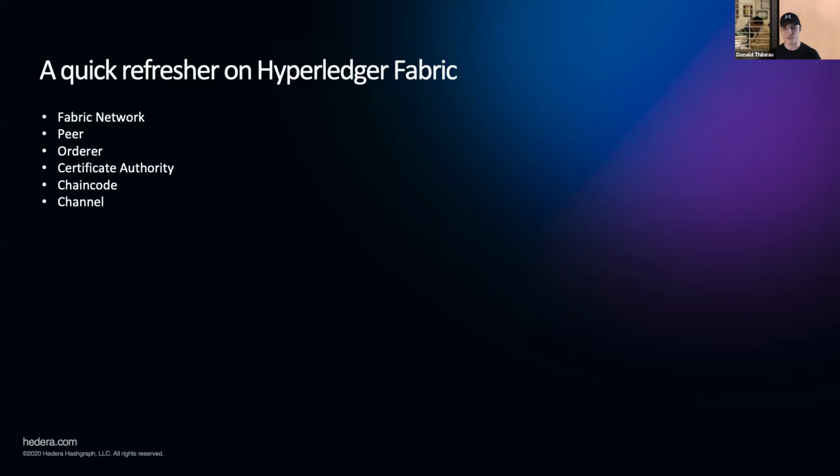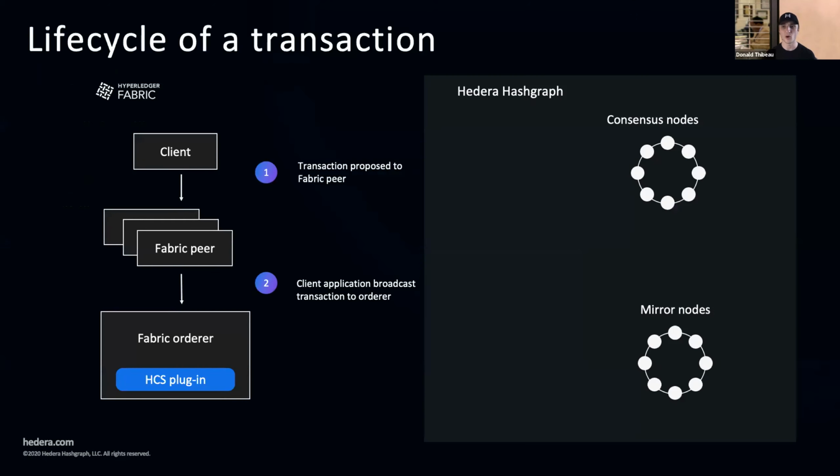So now that we've got a bit of the primitives on both the Hedera and the Fabric side, I'll give a brief overview of what happens with the use of the Hedera Consensus Service plugin. First, a transaction would be proposed by the Fabric peer. This would collect signatures from the other members of the network in compliance with the policy determined by the Fabric network.